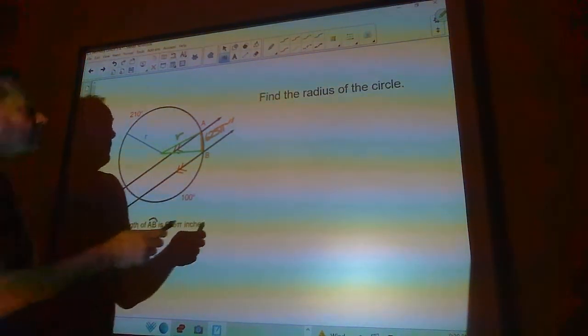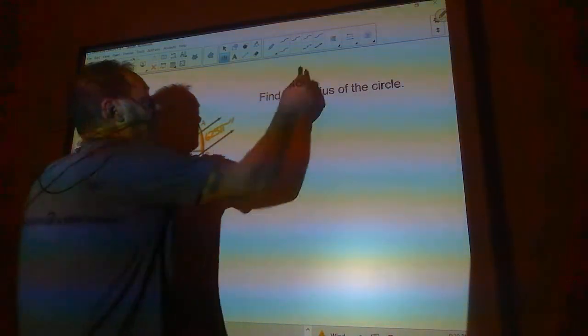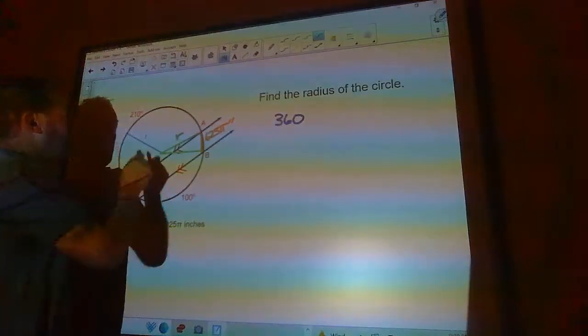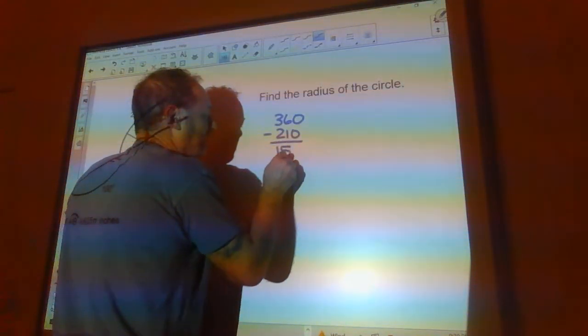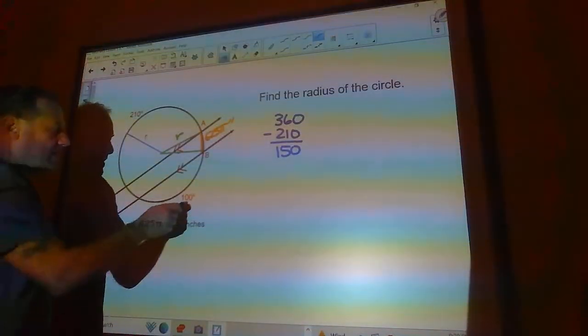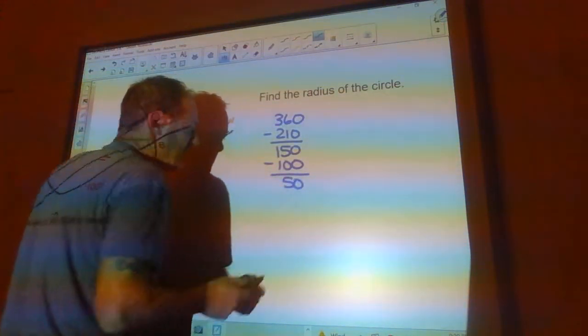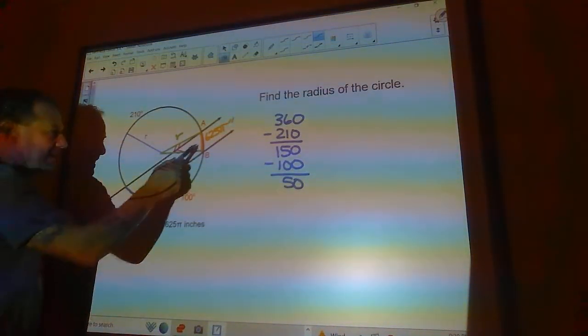So now, what do I know? Well, I know that this is 100 degrees, and I know that this is 210 degrees, and I know that the circle has 360 degrees in a complete circle. So I'm going to go ahead and subtract out that 210. That leaves me with 150. And then I'm going to subtract out this 100, and that leaves me with 50. Now, that's going to be evenly split between this arc here and that arc there.